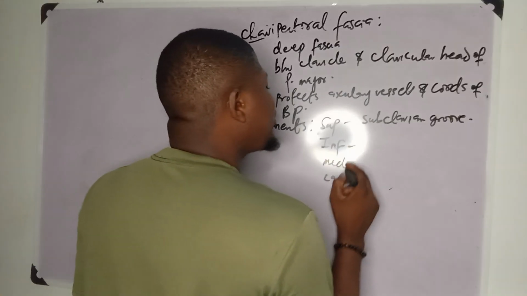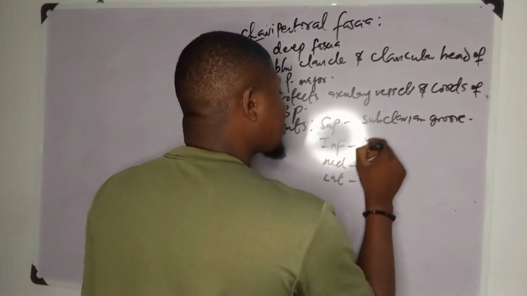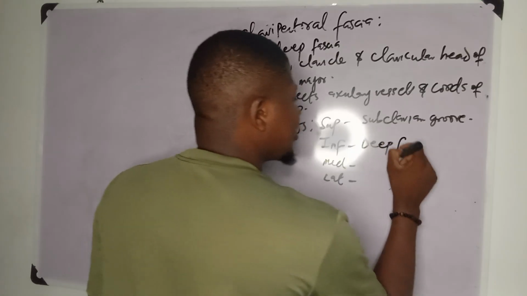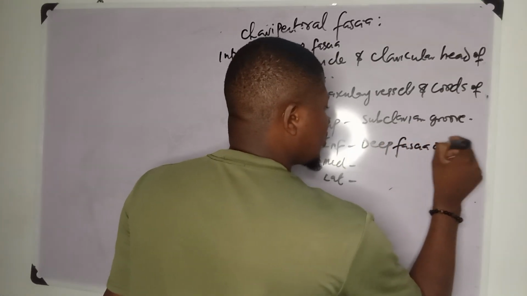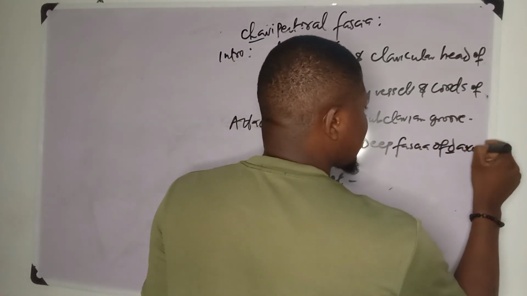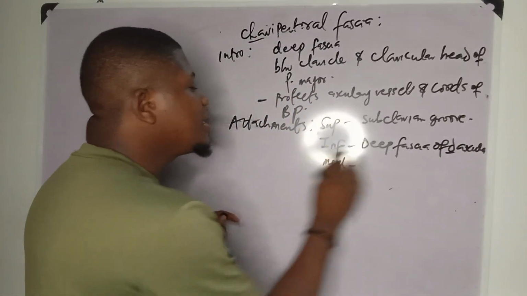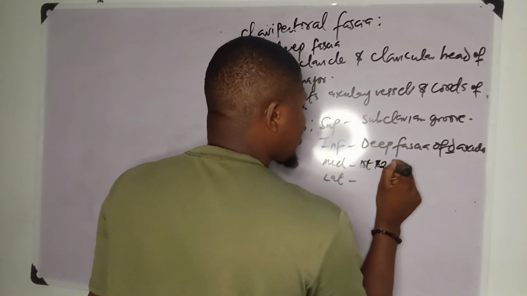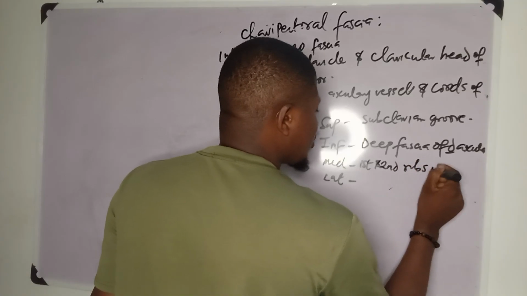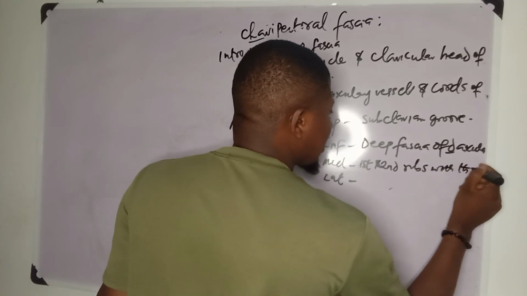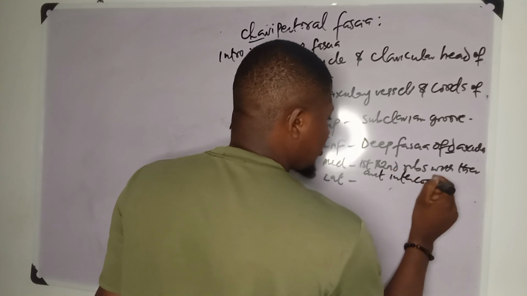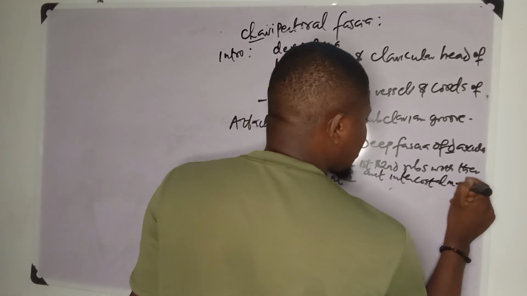Then inferiorly, it attaches at the deep fascia of the axilla, that is the axillary fascia. Then medially, it attaches to the first and second ribs with their anterior intercostal membranes.